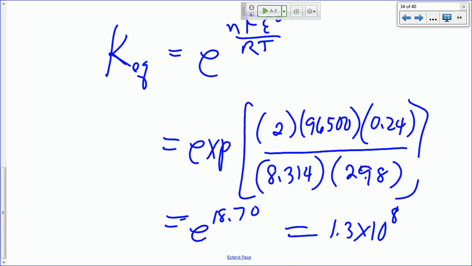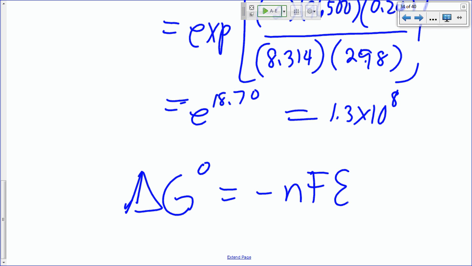Delta G naught is negative nFE naught cell, so the more positive this one is, the more negative the delta G naught is. Remember we said a very negative delta G naught is a reaction that goes far towards the product side. So the more positive the standard cell potential is, the larger the equilibrium constant.